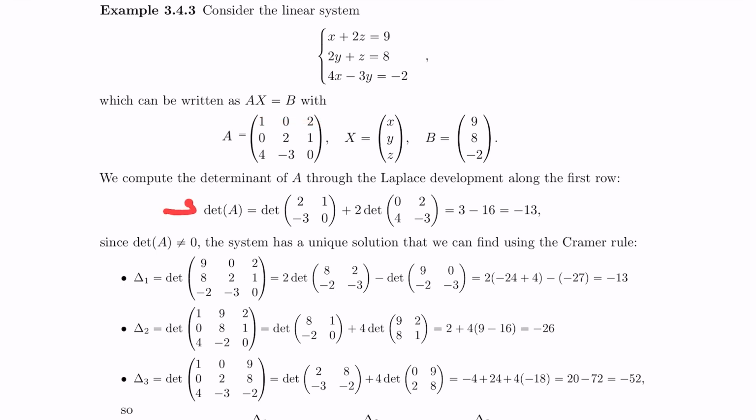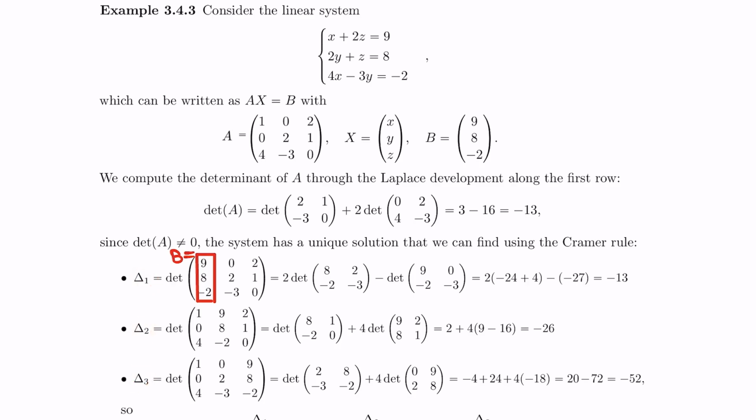As a nice exercise, you can check that if we use the Laplace development along the first row, we obtain as a result for the determinant of A minus 13, which is different than 0, and so we can apply Cramer's rule. Remember that we need to compute the values delta 1, delta 2, and delta 3 in this case.